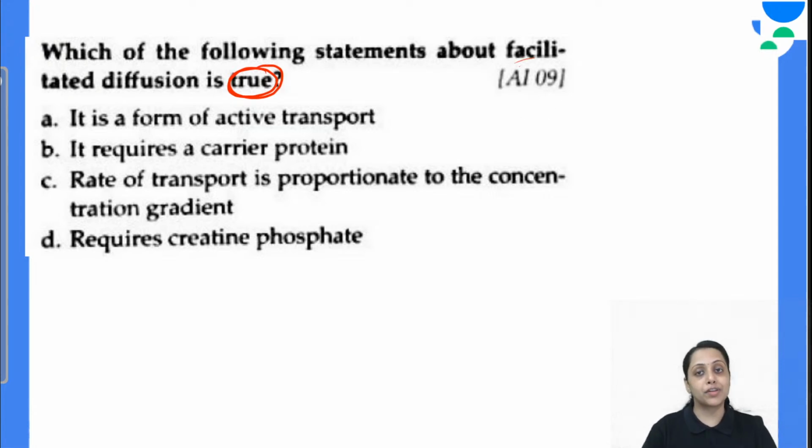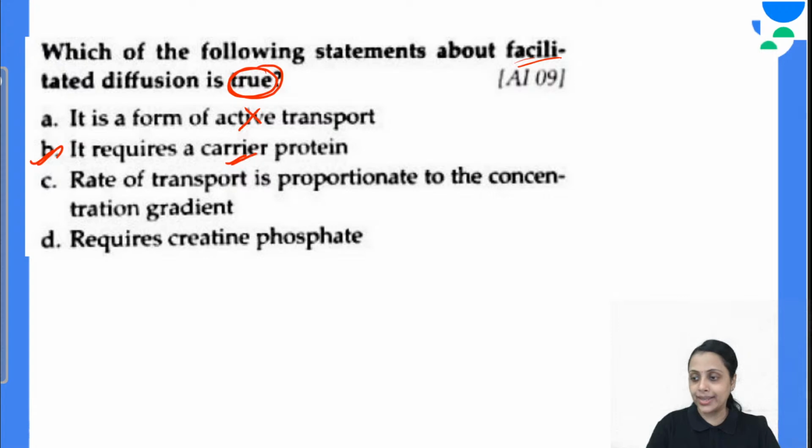Yes, the answer is B. It is a passive transport.